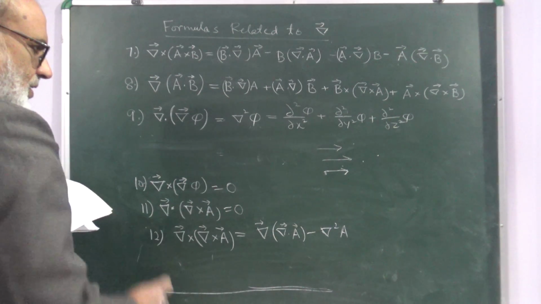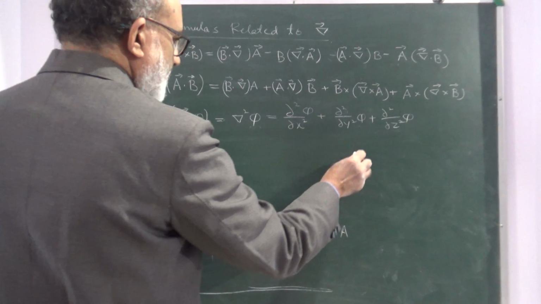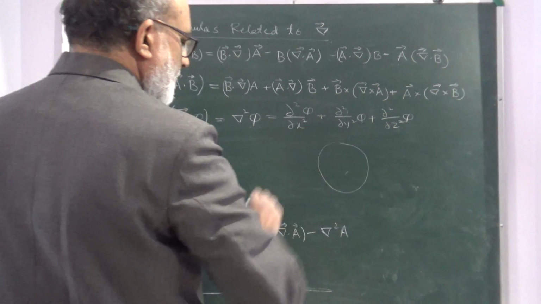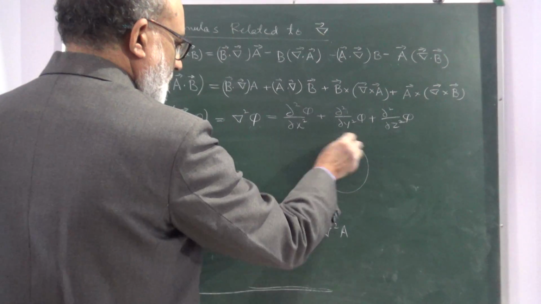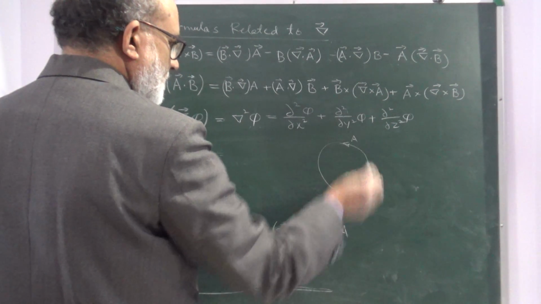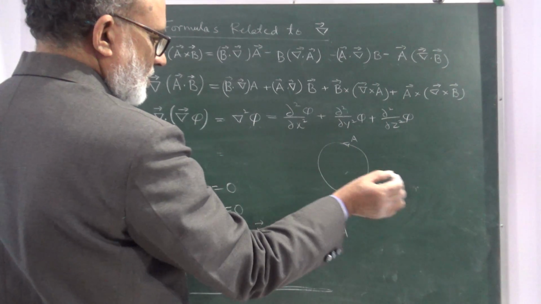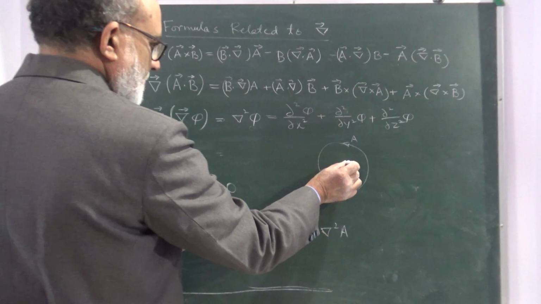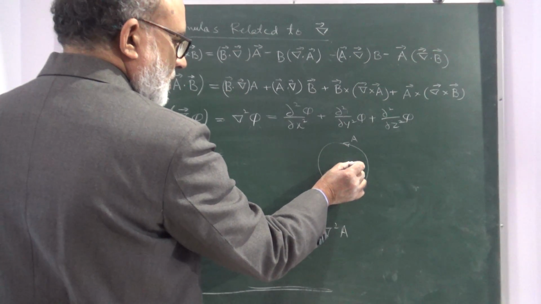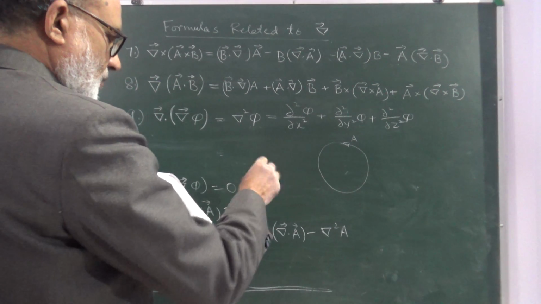Now the curl of A. Suppose this is a field A. Curl of A means the line integral of this along the perpendicular to the plane formed by this surface, and then take the divergence. If you take the divergence of this, it will be 0 because divergence is the flux per unit volume.